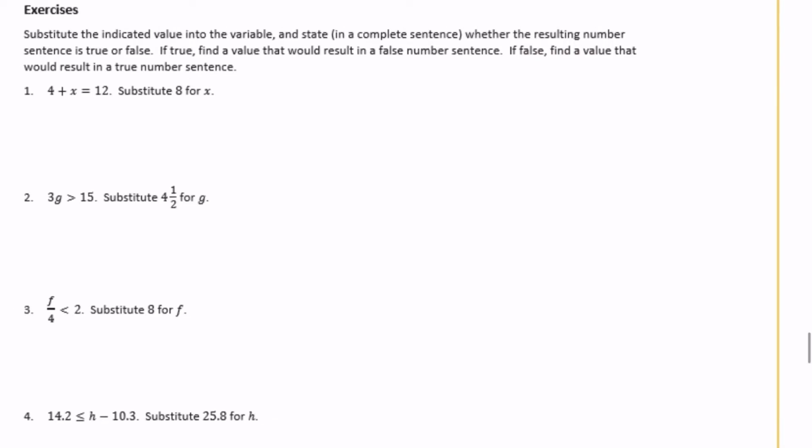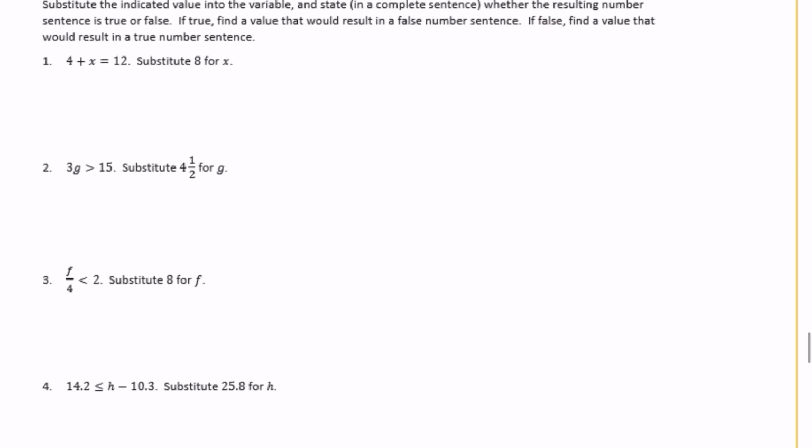Okay, so we're substituting 8 for x. So we would have 4 plus 8 equals 12. They want to know, is that true or false? Well, we know that to be true. So true needs to be in a complete sentence.